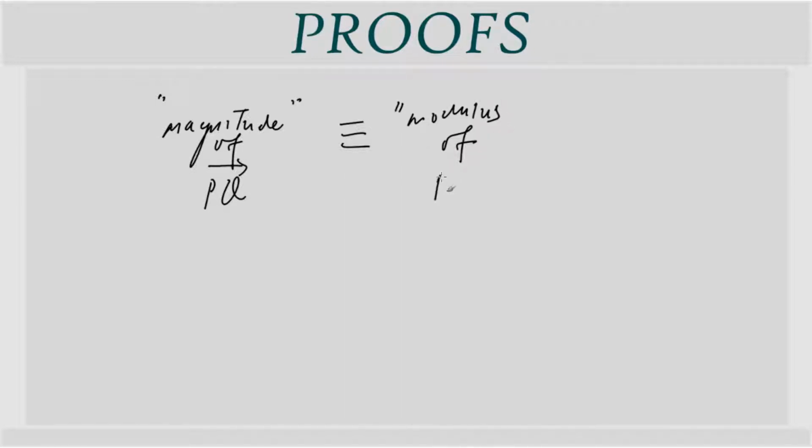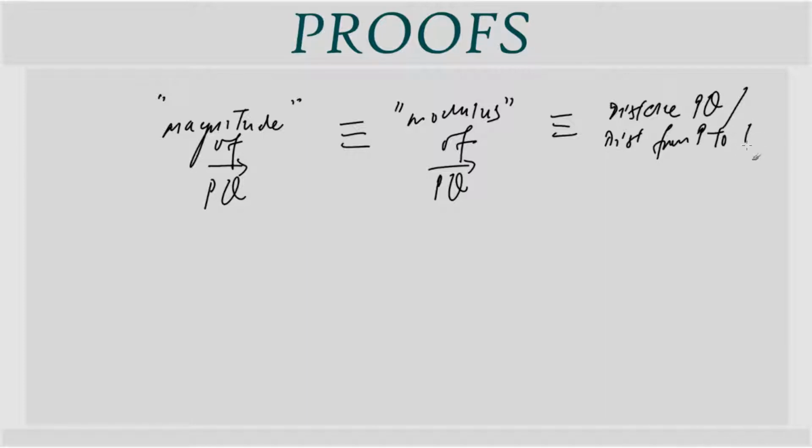The magnitude of a vector is exactly the same thing as the modulus of a vector. So the magnitude of, let's say, PQ is the same thing as the modulus of PQ, and it's exactly the same thing as the distance PQ, or the distance from P to Q. When we say the distance PQ, we don't put an arrow on top, because it's the distance from one point to another point.